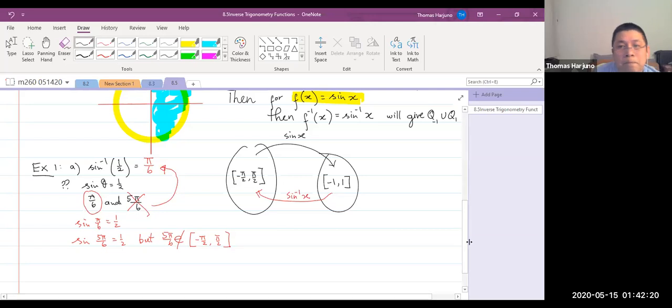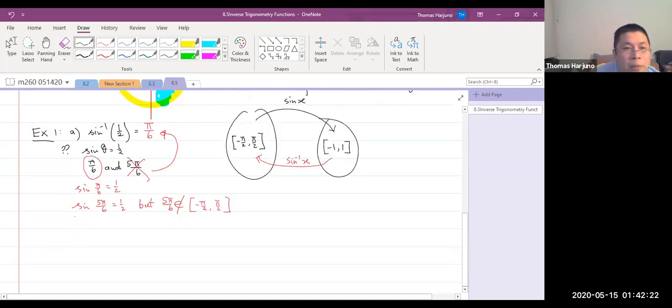Now, part B. Suppose, for example, what is sine inverse of radical 3 over 2? And you ask yourself, sine of what equals radical 3 over 2? There are two angles.